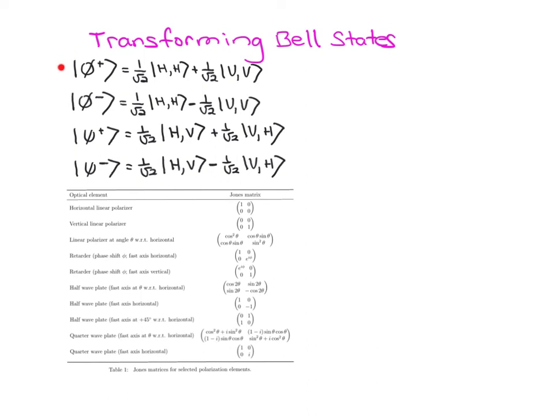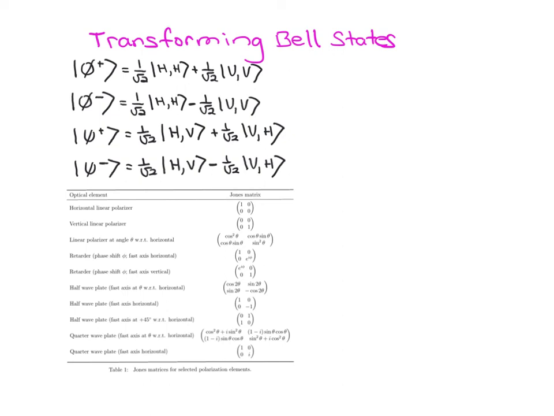So for example, suppose you had in your possession a pair of photons that were in the phi plus state, and you wanted to transform that into the phi minus state. Well, really all you need to do is somehow figure out a way to introduce a sign change here. And it turns out that you can do that very simply by acting on just one of the photons with the appropriate optical element.